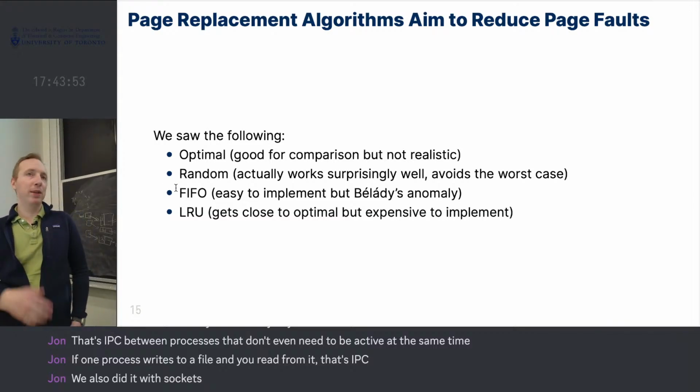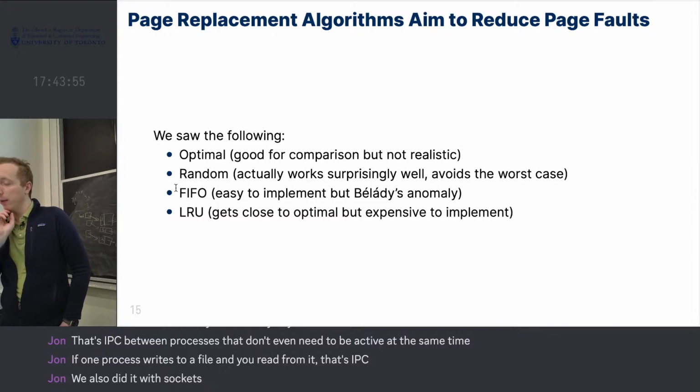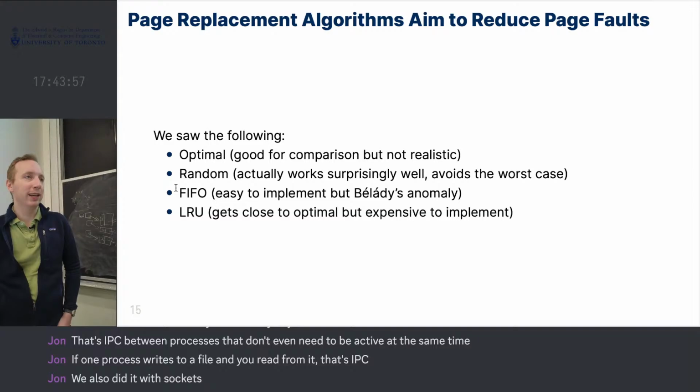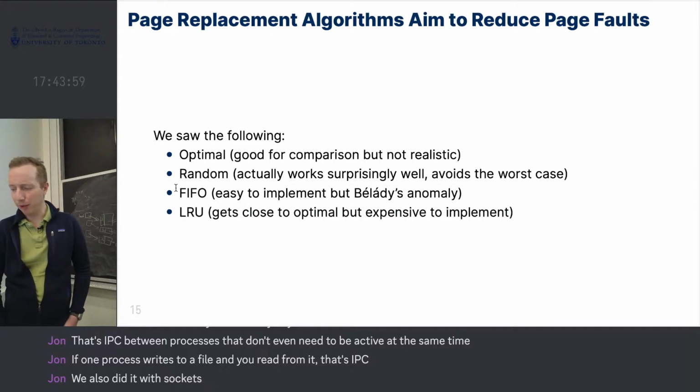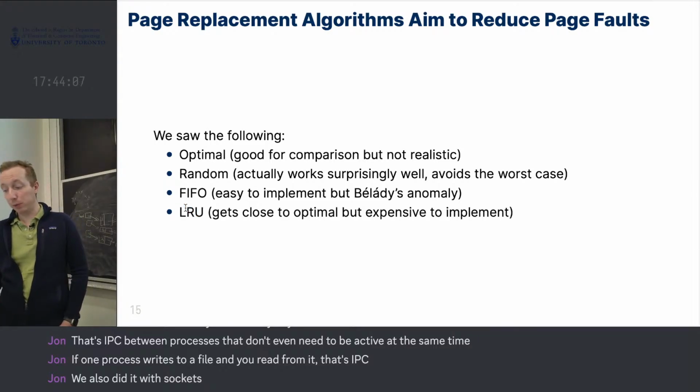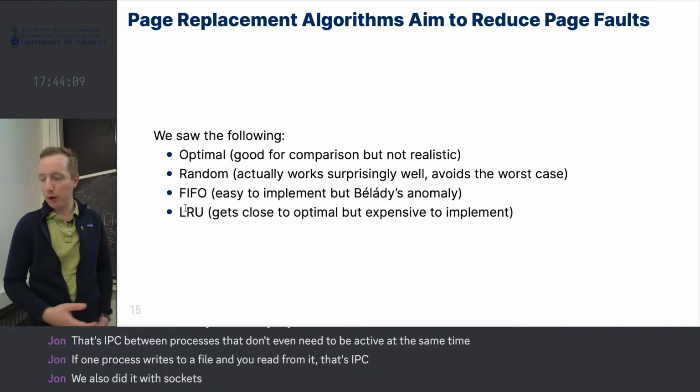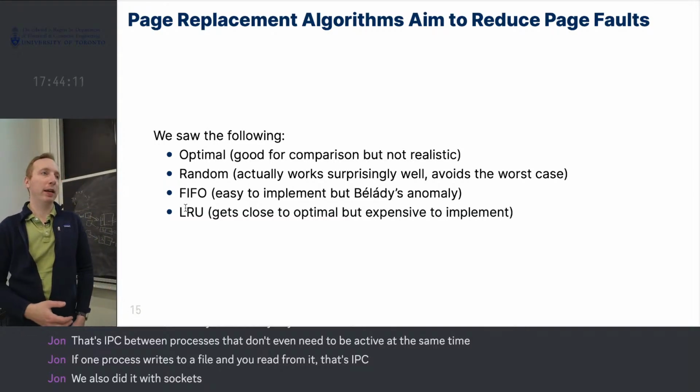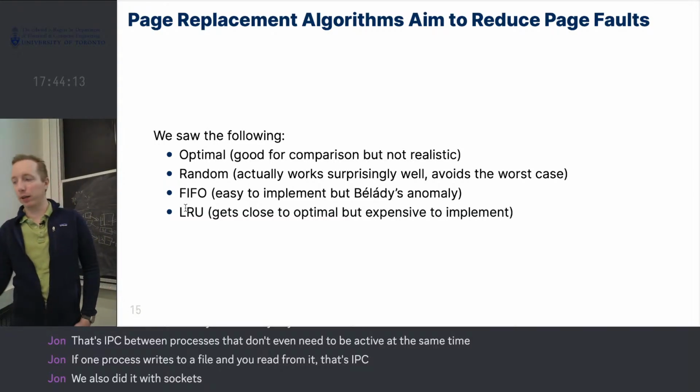So FIFO is easy to implement, but has that weird anomaly, and we probably don't want to implement that. Then we got to least recently used. We saw that it worked pretty well, gets close to optimal, actually works well for most sane programs, but we can't actually implement it, and we'll implement something tomorrow.